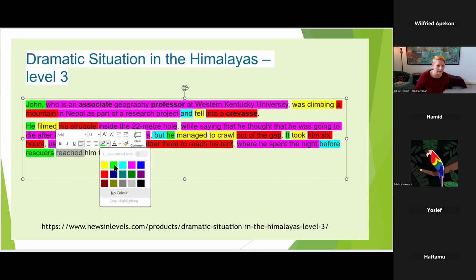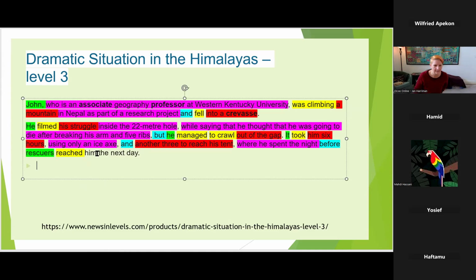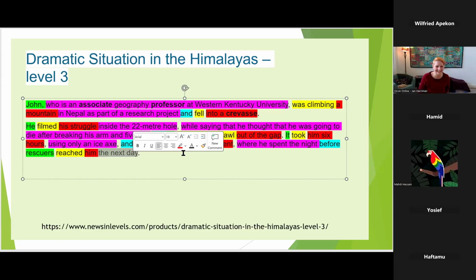There we go, it's yellow. "Him" as object. Exactly. And last of all, we have a description for him. When did they reach him? The next day. Excellent. Really good.